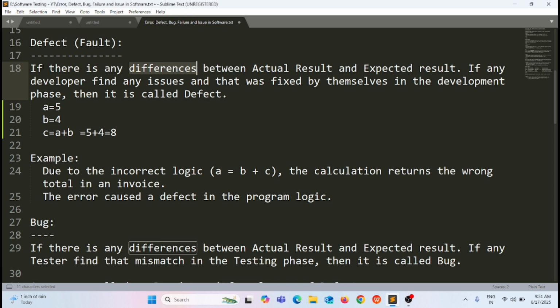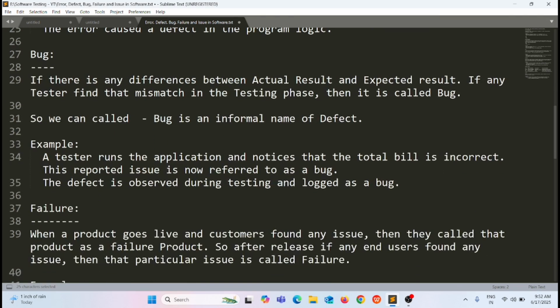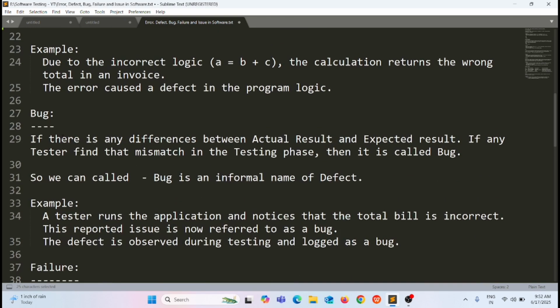Okay. So if there is any difference between actual results and expected results, and a developer finds that issue and fixes it by himself in the development phase, then it is called a defect. And the same for the bug. A bug is also any difference between expected results and actual results. But in the case of a bug, if that difference is found by the tester in the testing phase, then it is called a bug.